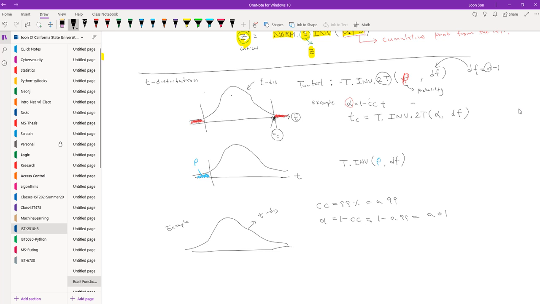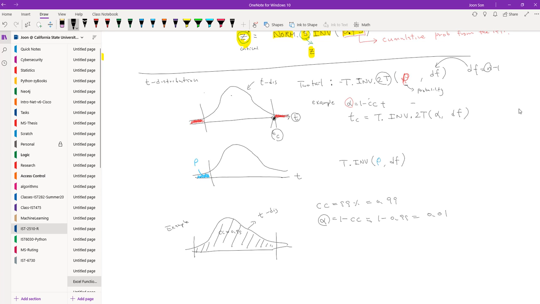So when alpha is 0.01, you know that this is a two-tail test, and the confidence coefficient is 0.99, so we know that this area is 0.99, a probability.